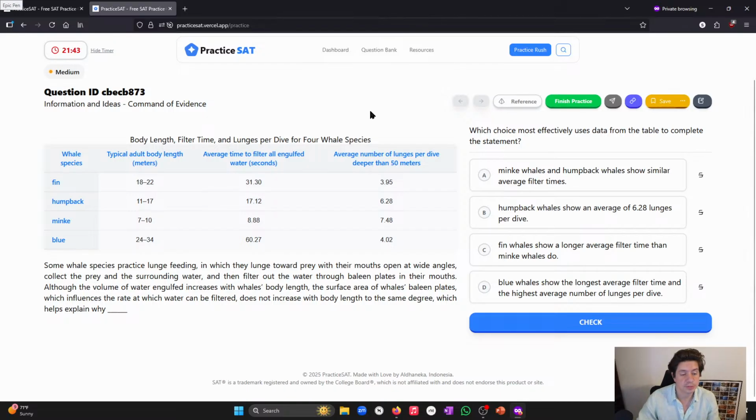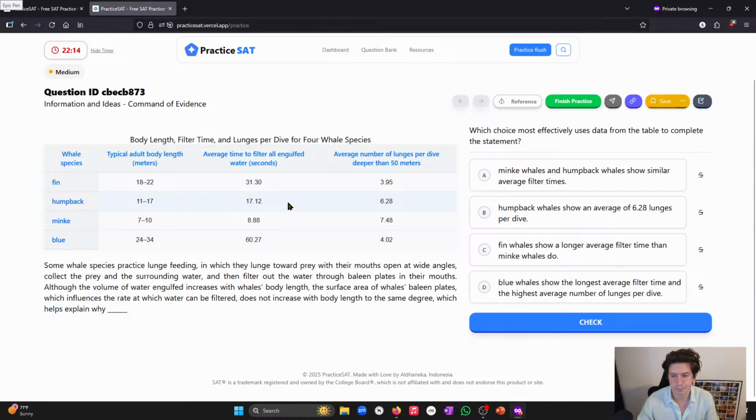So some whale species practice lunge feeding, in which they lunge toward prey with their mouths open at wide angles, collect the prey and the surrounding water, and then filter out the water through baleen plates in their mouths. Although the volume of water engulfed increases with whale's body length, the surface area of the whale's baleen plates, which influence the rate at which water can be filtered, does not increase with body length to the same degree, which helps explain why blank.